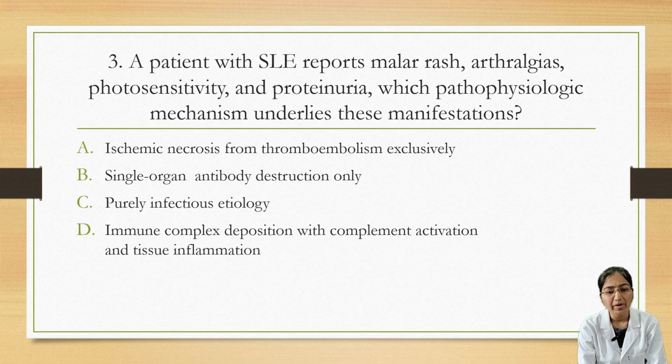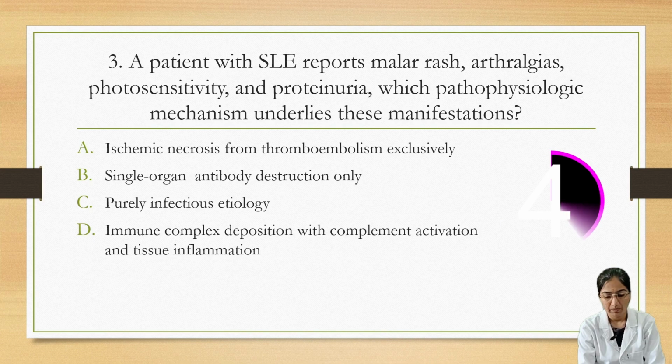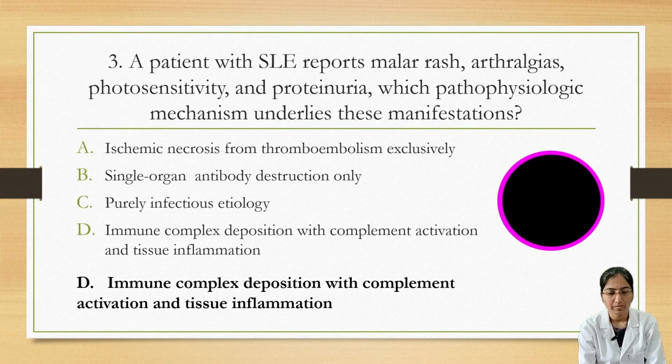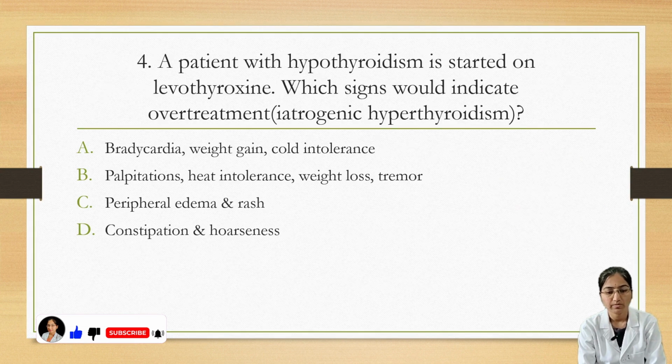Next question, a patient with systemic lupus erythematosus reports malar rash, arthralgias, photosensitivity and proteinuria. Which pathophysiologic mechanism underlies these manifestations? Right option is D, that is immune complex deposition with complement activation and tissue inflammation.